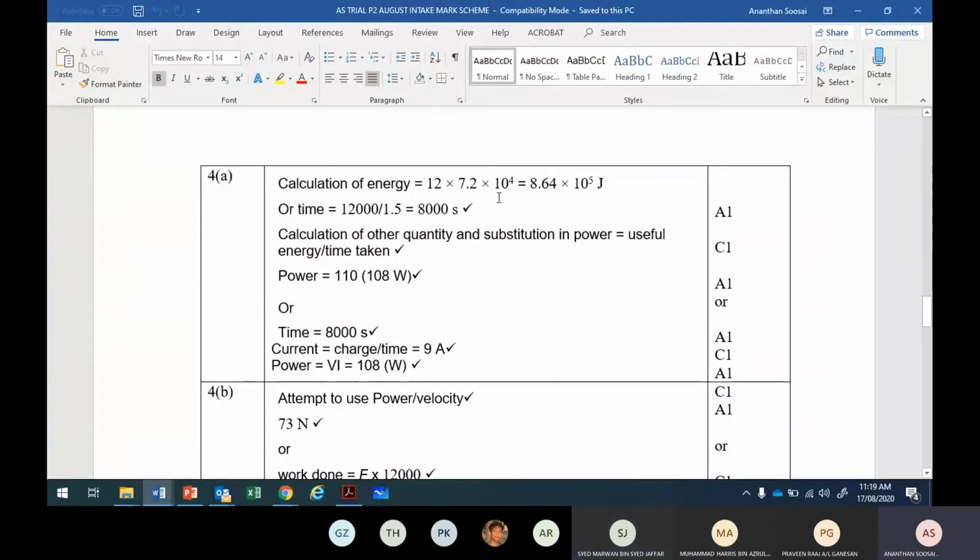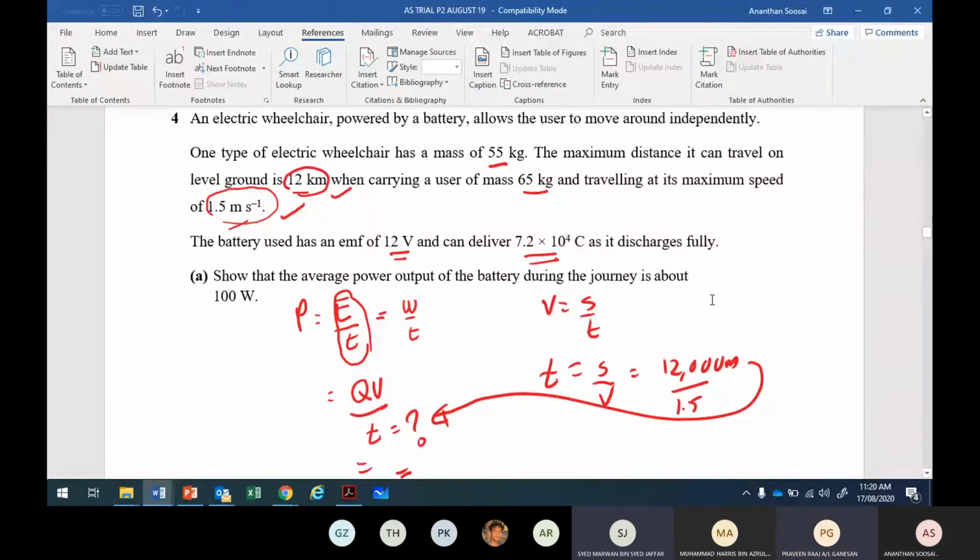The time to dissipate this energy by the battery is 12,000 metres divided by 1.5, so you get the time for this energy to be used up. The energy divided by that time gives you the power. It's about 108, so about 100. Okay, you get the answer. You got an idea? Yes, thank you, sir.